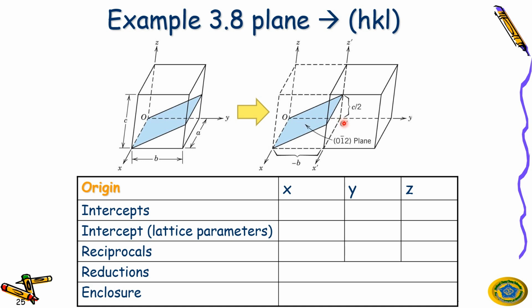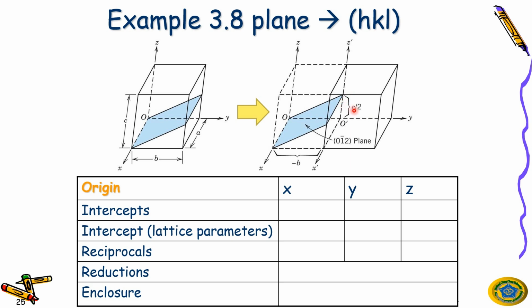Move the origin to the right-hand side here, O prime here. So now let's find the intercepts. Step 2 is intercept, right? So the intercept on the x-axis is what? Infinite, right? Y is what? -1. Z is what?